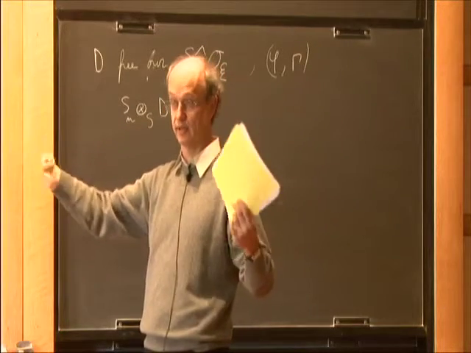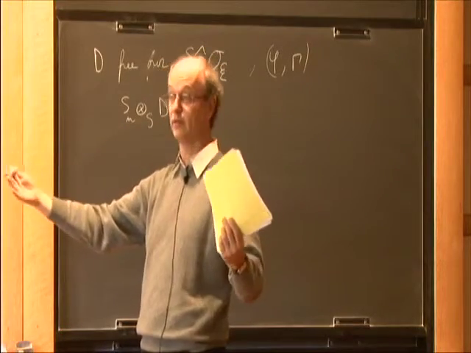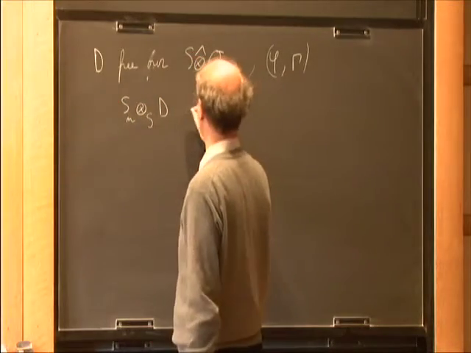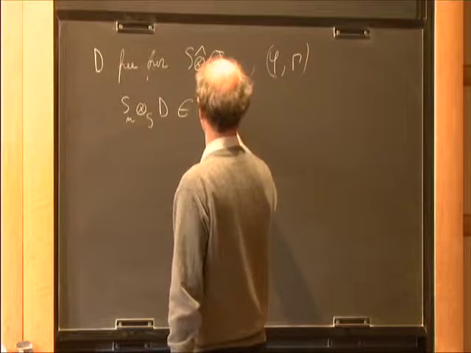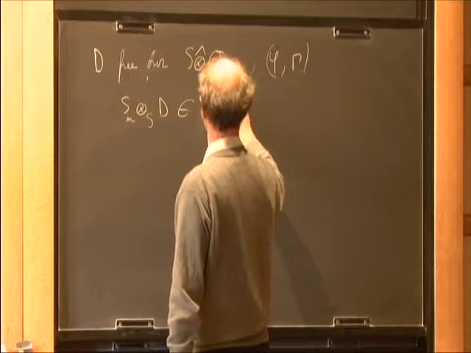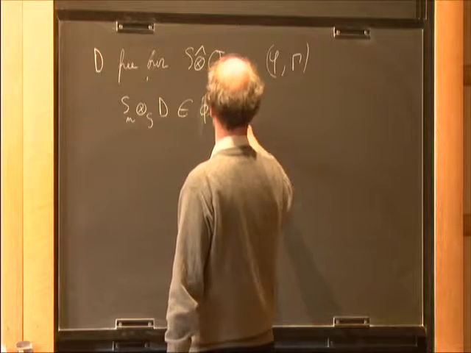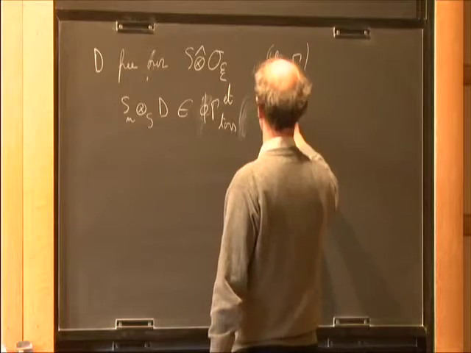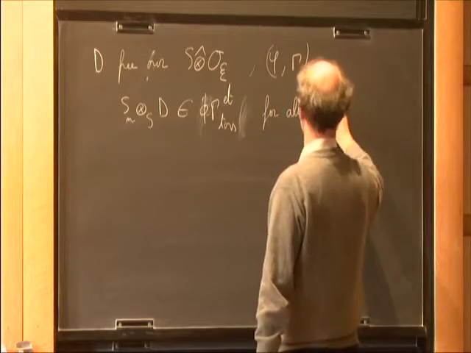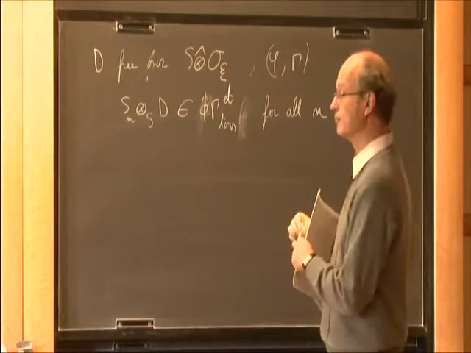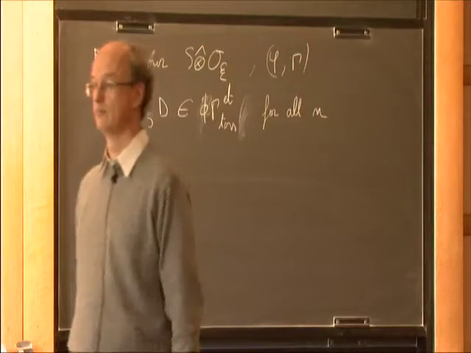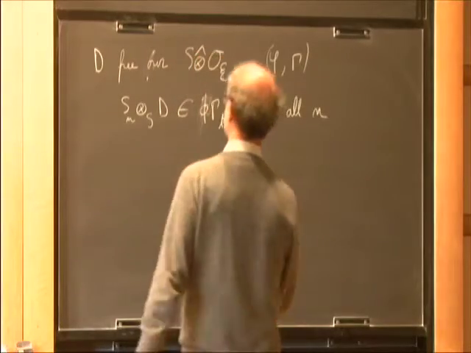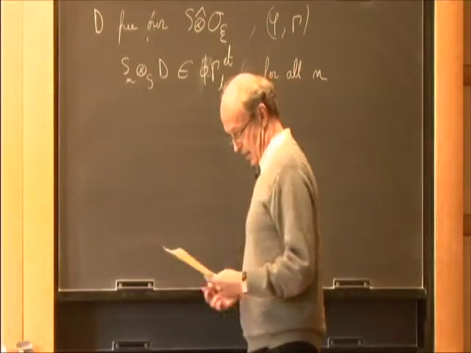I mean, what you get is a phi gamma module over OE plus an action of Sn. Okay, and so you want this to belong to phi gamma étale torsion for all n. It's the same as telling that phi will give an isomorphism to some extent. Exactly, it's the same. Okay.